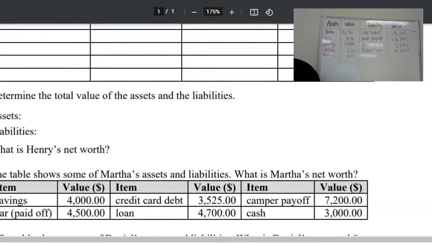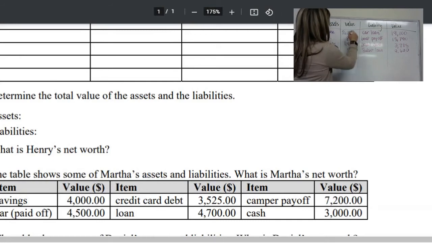I'm trying to find my markers I just had. I don't know what I did with them. Oh well. All right, let's add up the assets. 5, 5, 3 5s. That is 15. 5 can stay, 1 got to go. This one makes the 9, 10. 7 and 5 is 12. And 2 and 4 is 6.